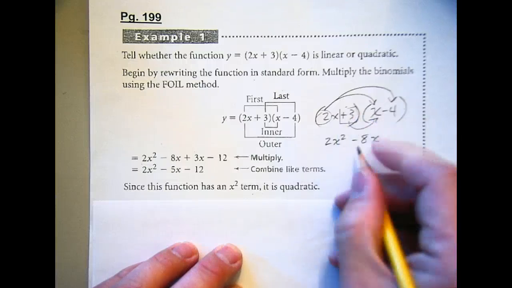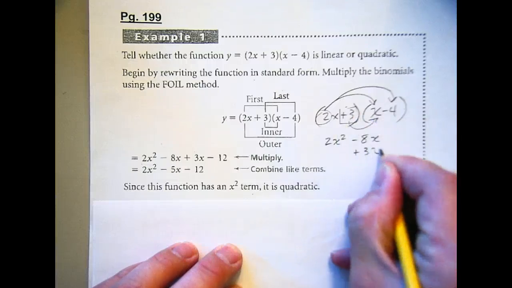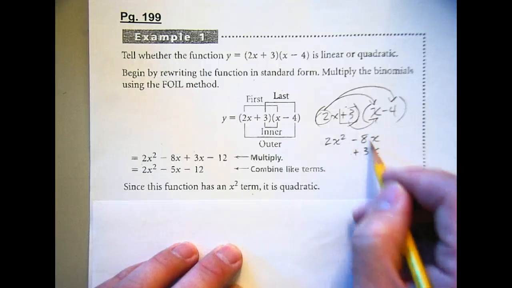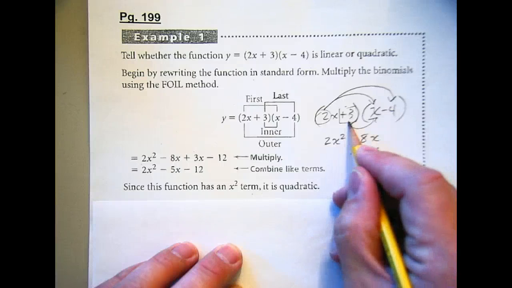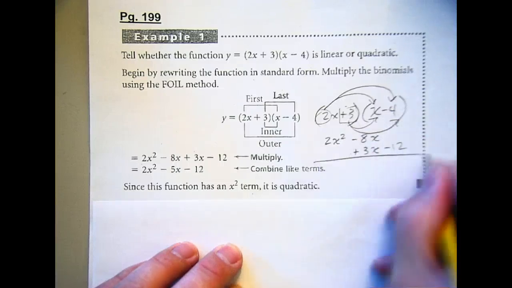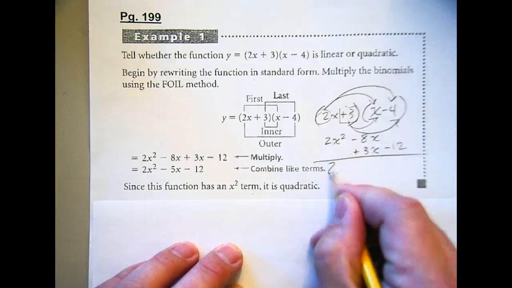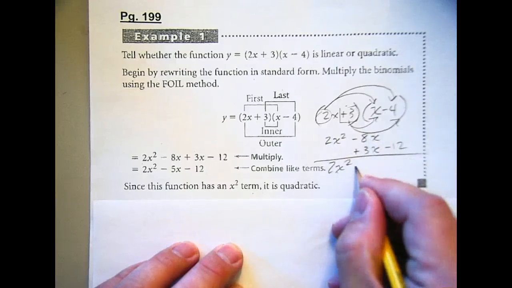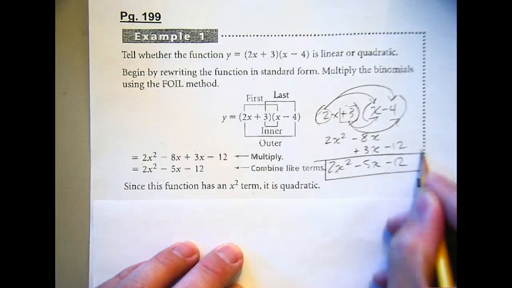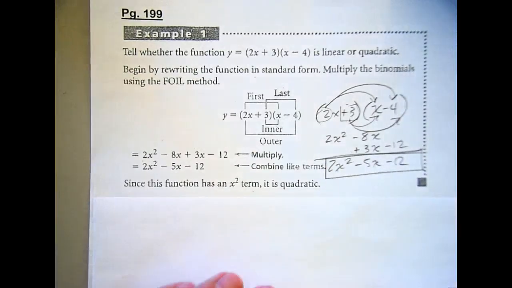So 3 times x is 3x, and I stack that right underneath the like terms, making a second line because I'm multiplying by a second term. And then 3 times negative 4 is negative 12. We add them up. We get 2x squared minus 5x minus 12. That is our quadratic.